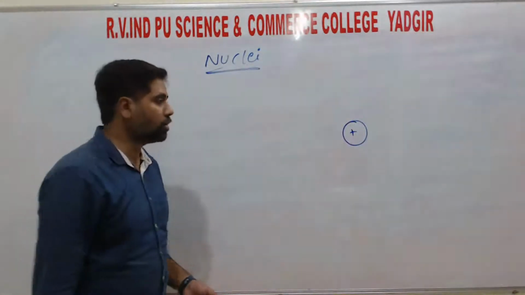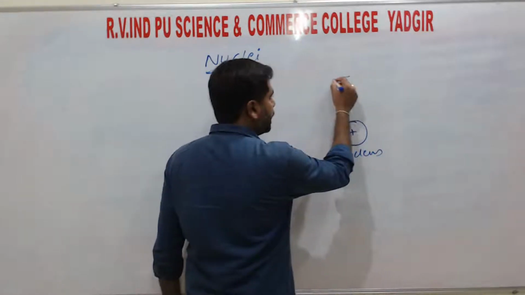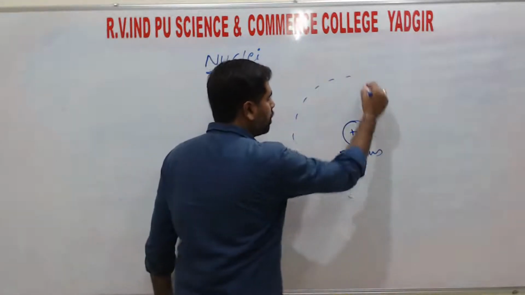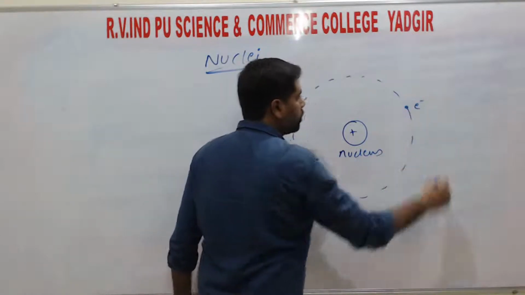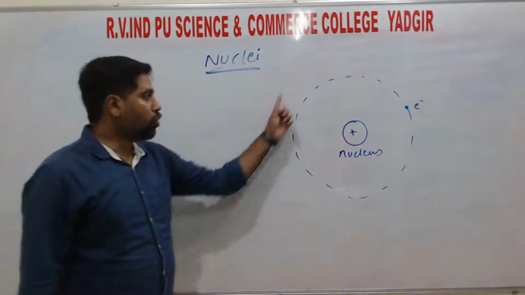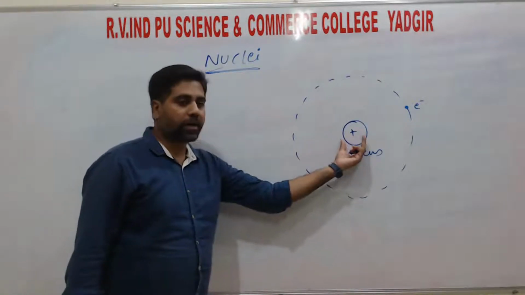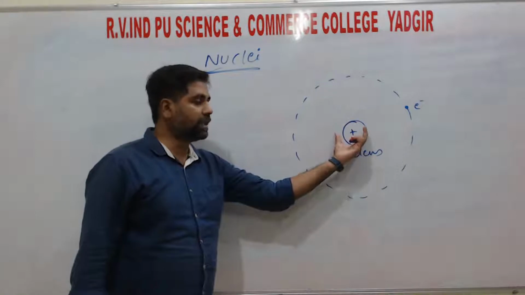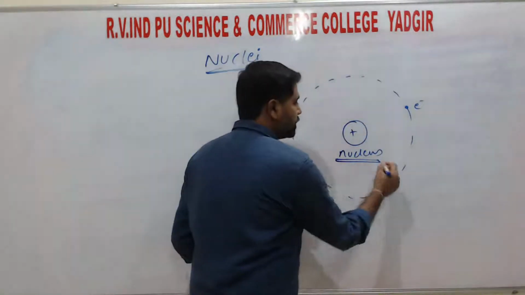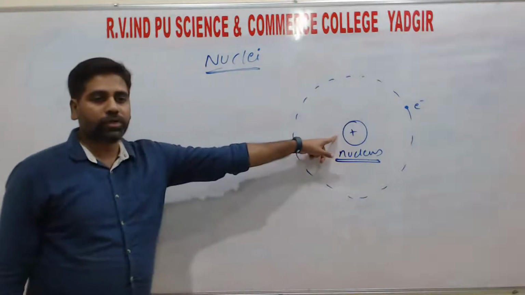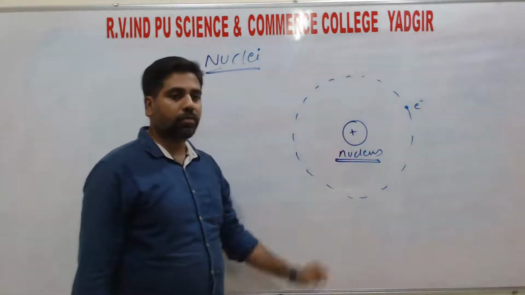That we call the nucleus, and the electron is revolving around the nucleus. This overall we call the atom. The entire mass of the atom is densely concentrated in a small volume. That volume we call the nucleus, and the nucleus is positively charged. The electron is revolving around the nucleus, right?